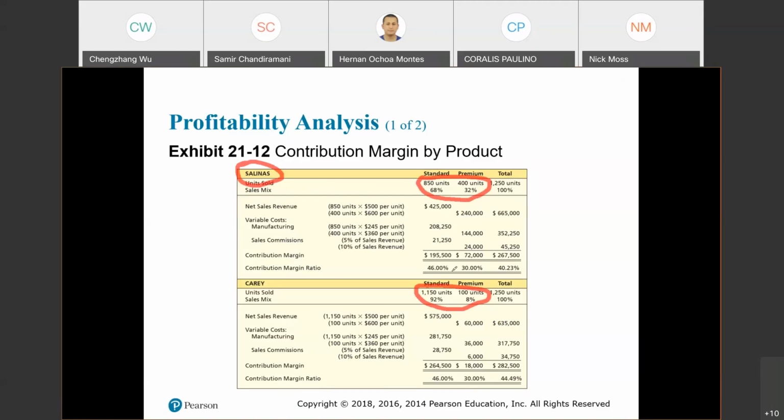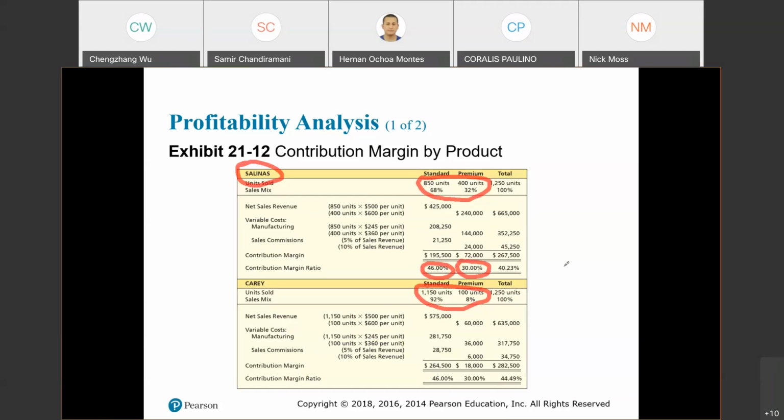As we can see, for the standard model, the contribution margin ratio is 46%, versus the contribution margin ratio of the premium model, which is only 30%.